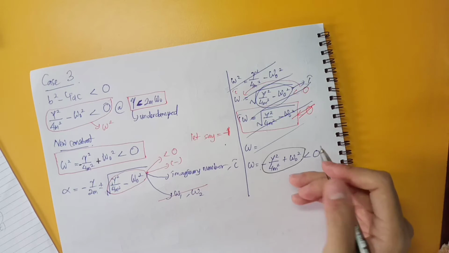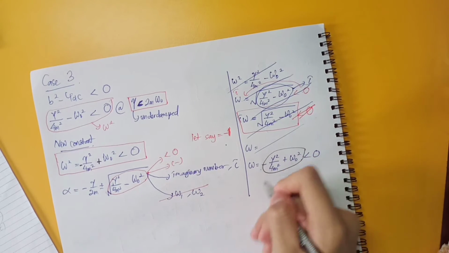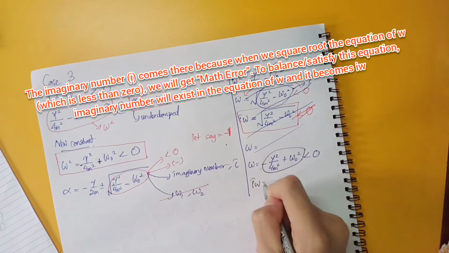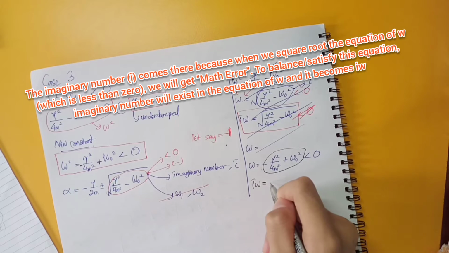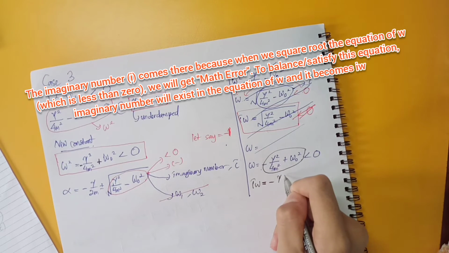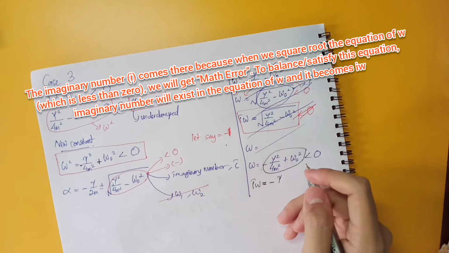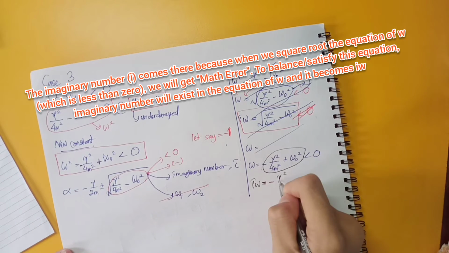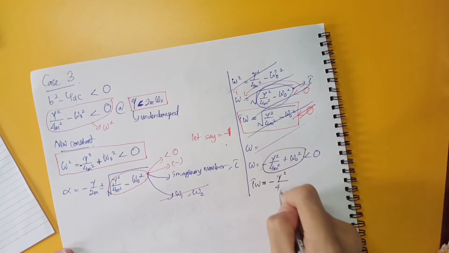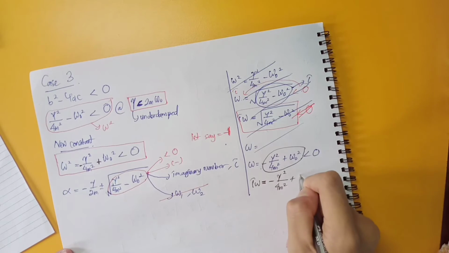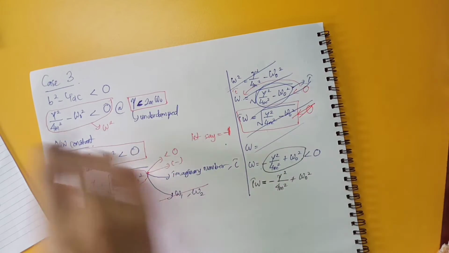So this right here will become i omega, so that it will satisfy the equation, which is negative square root of negative gamma square over 4m square plus omega naught square.